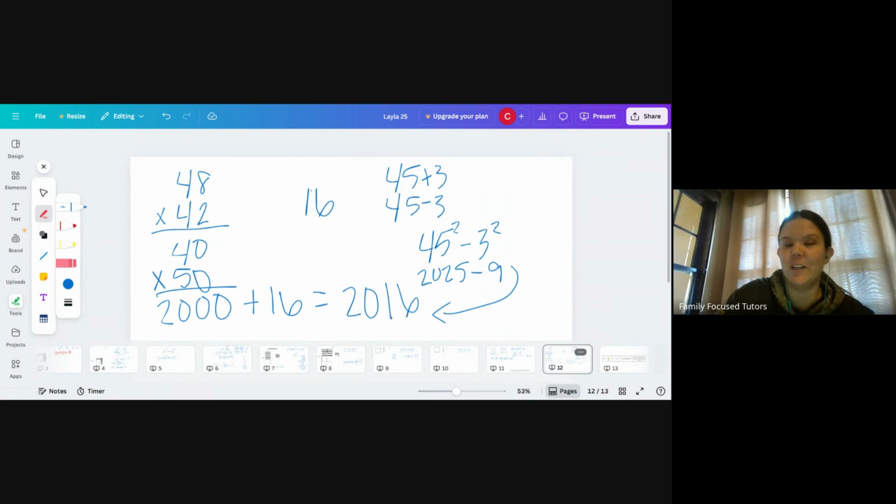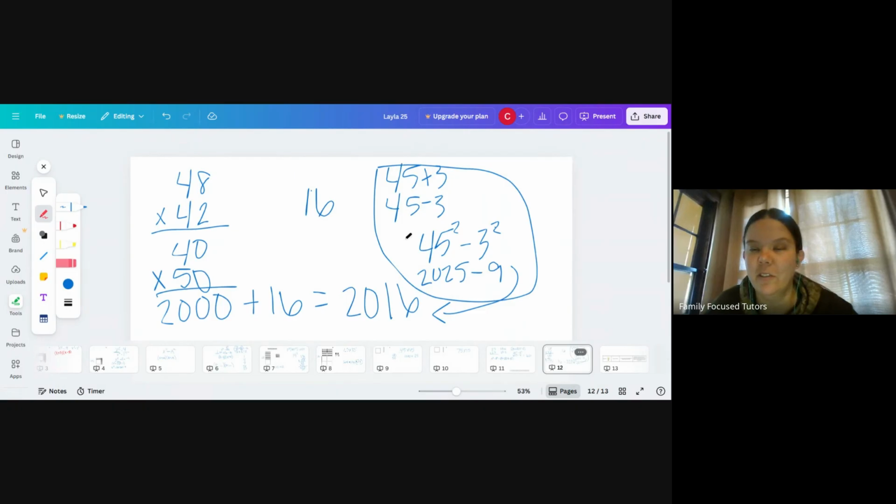So this one is a little bit more difficult, but it brings in what you were learning with the difference of squares. It's just as easy to do it this way on the left, where we take our ones, multiply them together, and then add the 10.